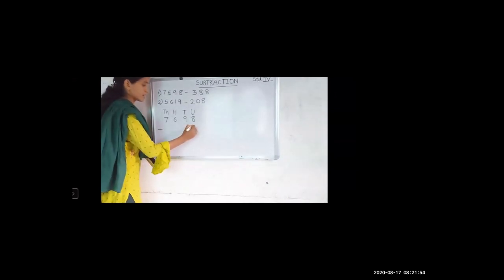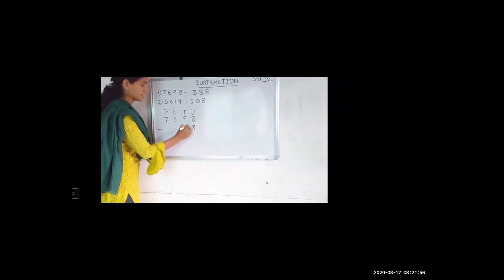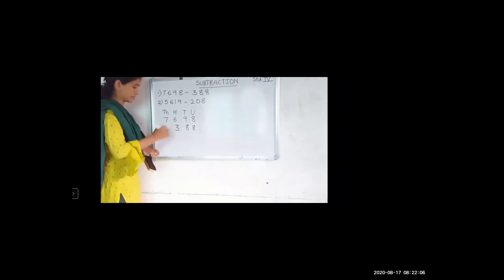So 8, 8 and 3. So 388, and the column of 1000 will remain blank because this is a 3 digit number, not a 4 digit number.